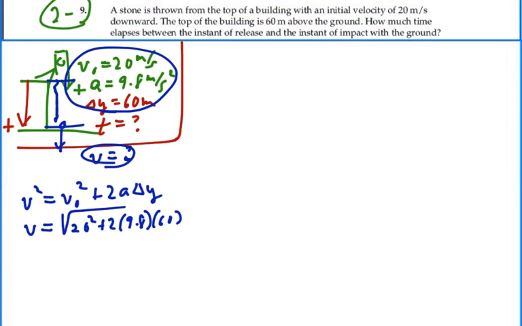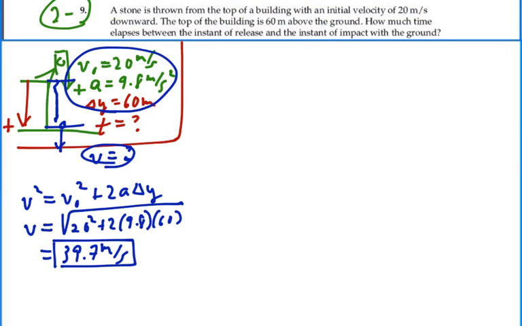So if I take 20 squared plus 2 times 9.8 times 60, I get 1576, and its square root is 39.7 meters per second. That's how fast the stone is going right before it hits the ground.